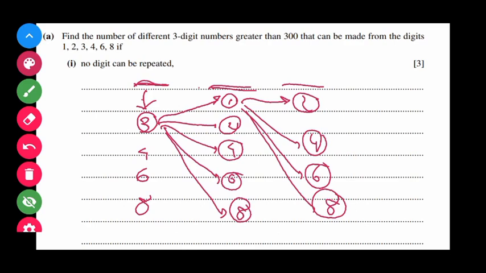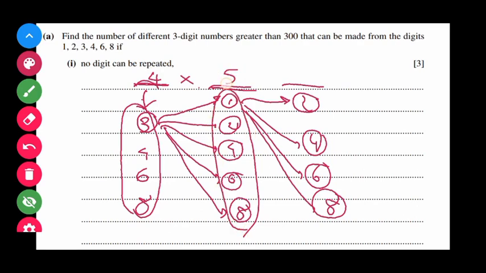Now look at the first place. How many digits can be placed? 4 digits. Into the second place, we can place 5 digits. Into the third place, we still have 4 digits. When you multiply, we get the answer 80. The same holds for other arrangements also.